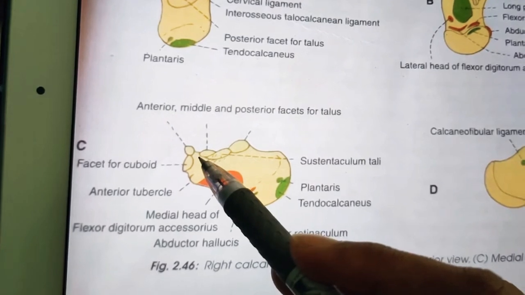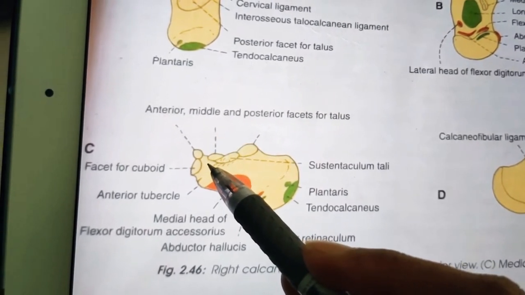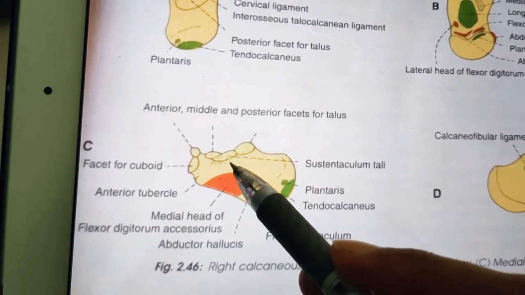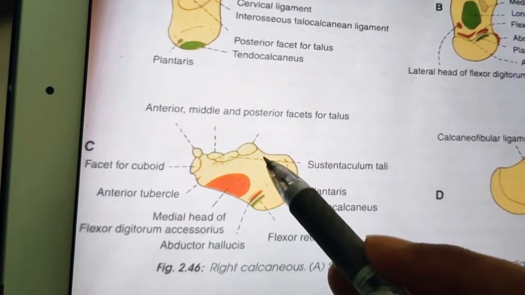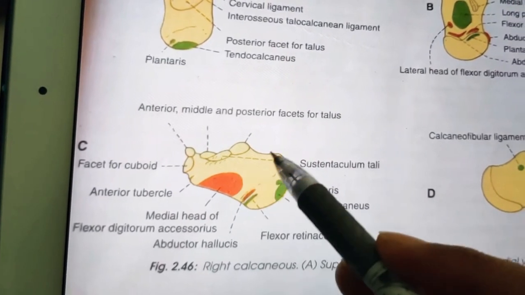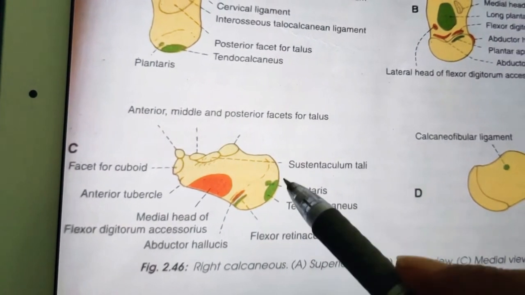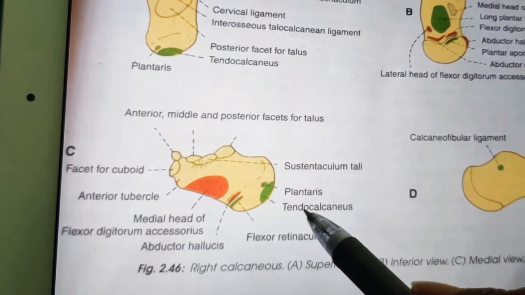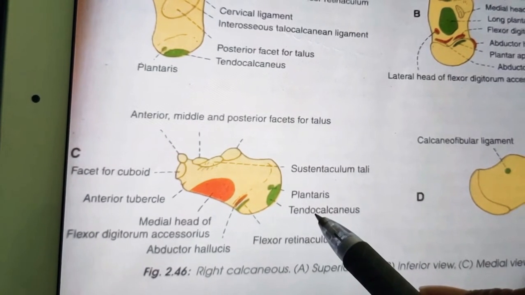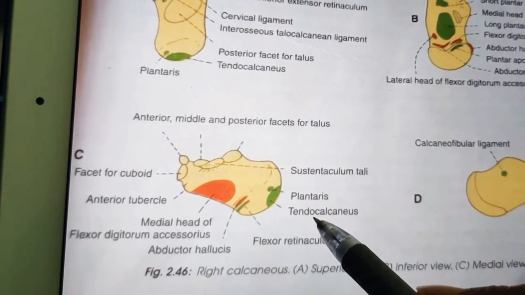So anteriorly there is attachment of the spring ligament, okay, and a slip from tibialis posterior in the middle, and some of the superficial fibers of the deltoid ligament along the whole length. Next, the medial talocalcaneal ligament is attached posteriorly. You can see it here.